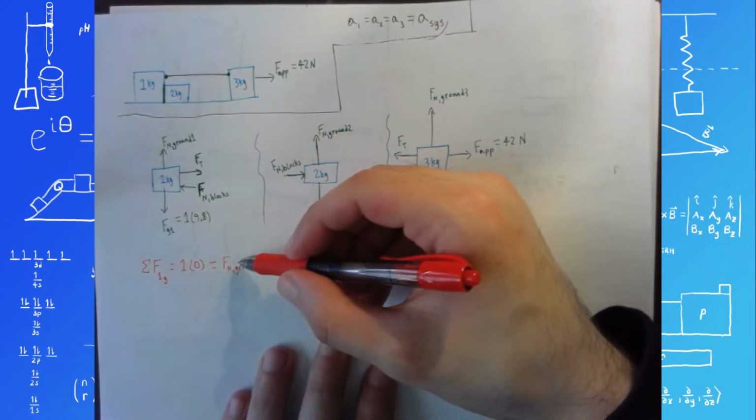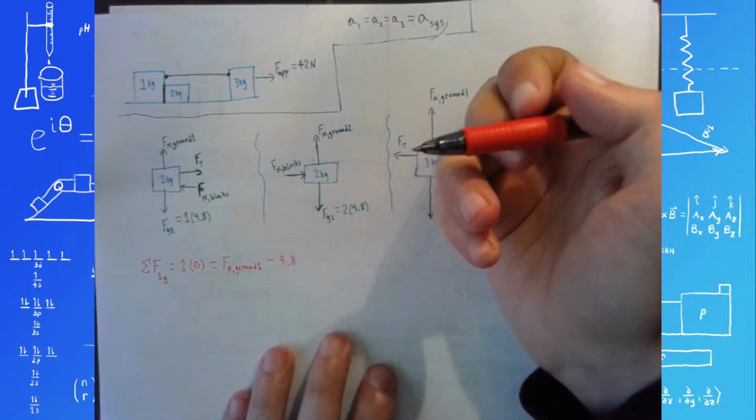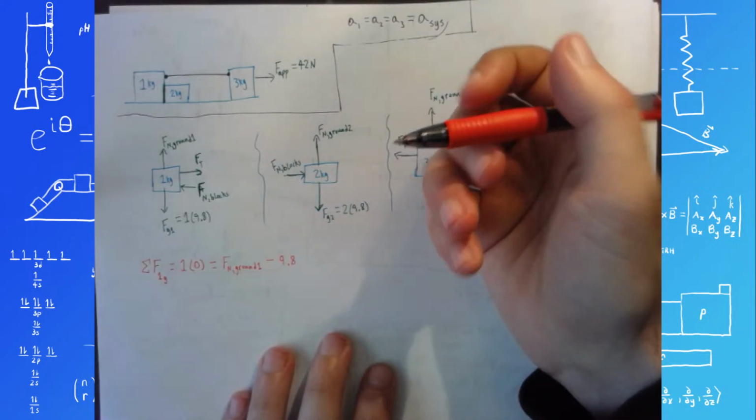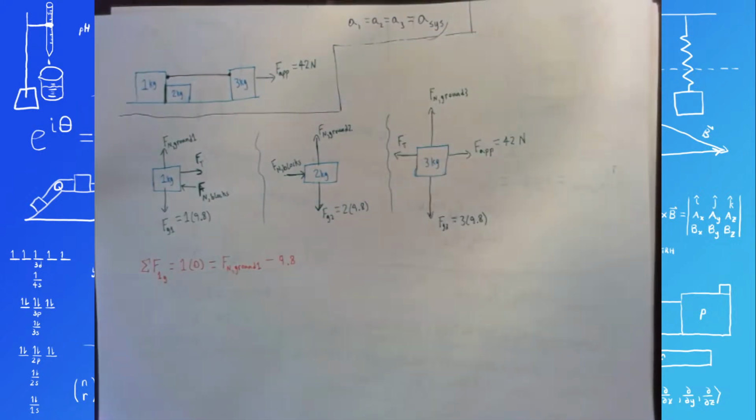And that would allow you to solve for normal force ground 1, which isn't really useful here because we don't need it for anything. We were not asked to calculate it. But you could do it if you wanted to.